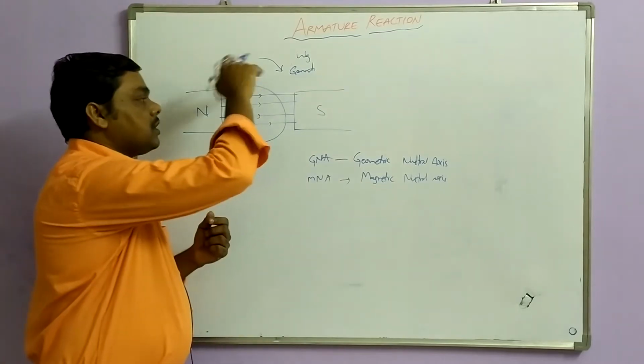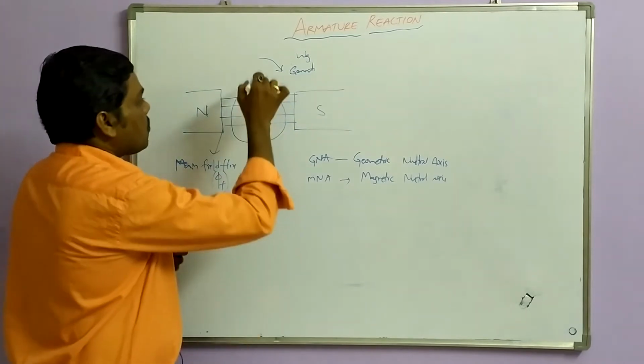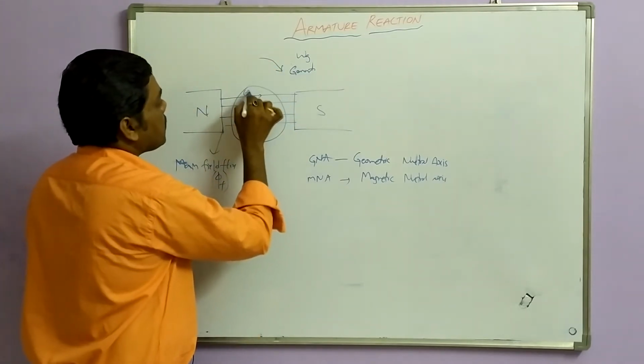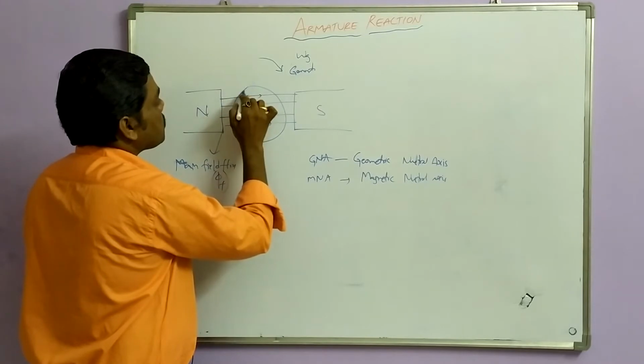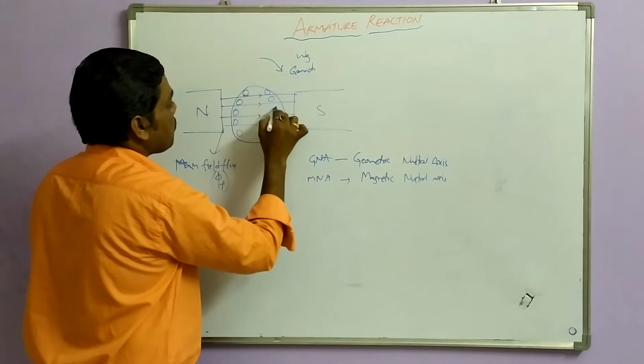Now when this generator is rotating in clockwise direction, what is the behavior of conductors in this region?